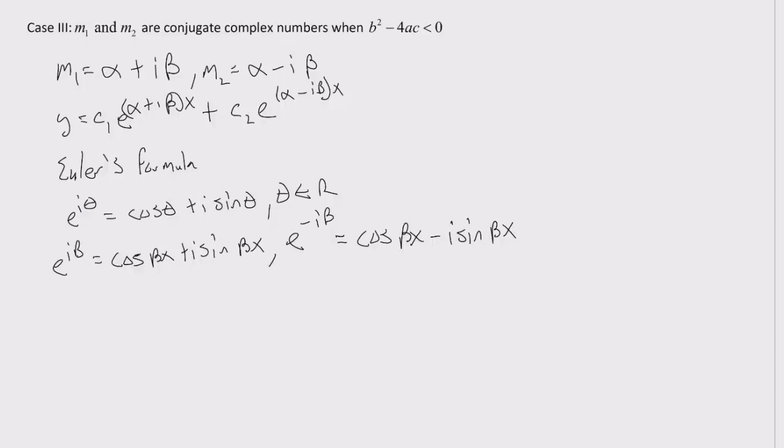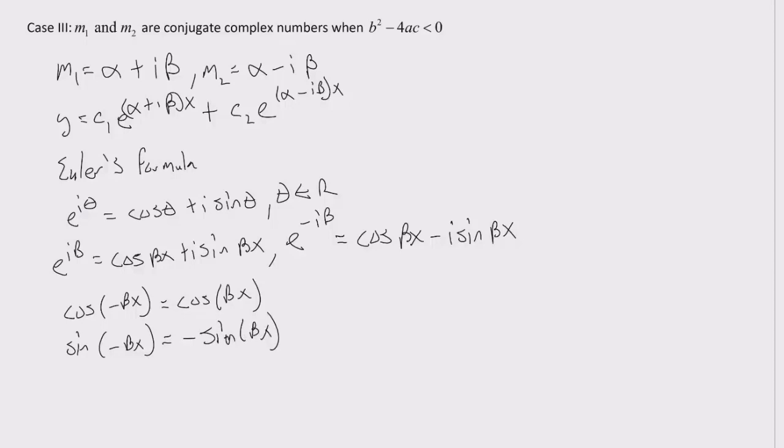And let me pull out some identities real quick. If you remember your even-odd identities from trig, if I have cosine of negative beta x, that essentially absorbs the negative, and if I have sine of negative beta x, I can bring the negative out front, so that's equivalent to negative sine of beta x.